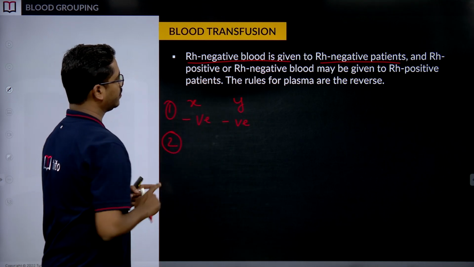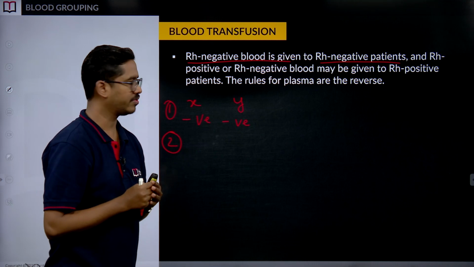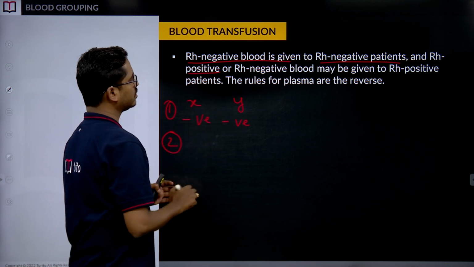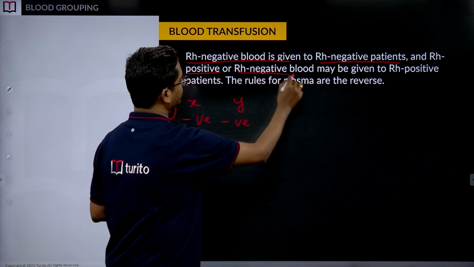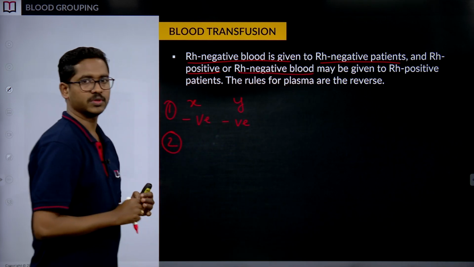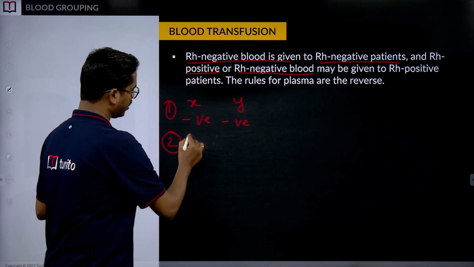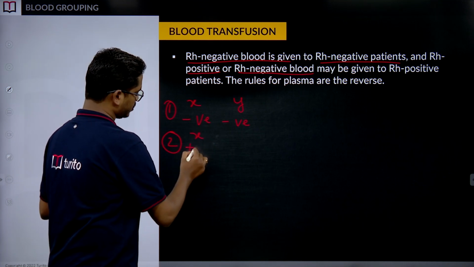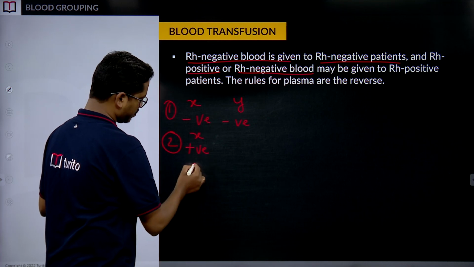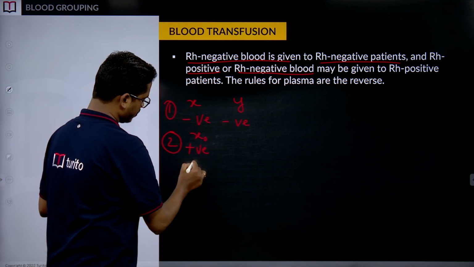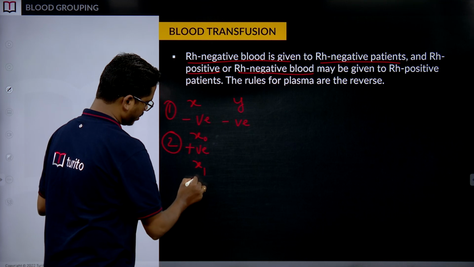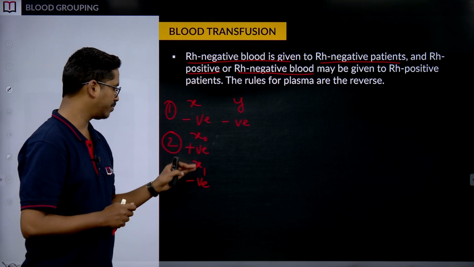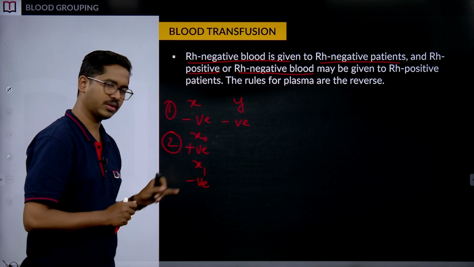In the very same statement, there is one more condition given here, observe carefully. Rh positive or Rh negative blood. So, the second condition says that there is a person with Rh positive, there is one more person, let us say Rh negative. That means, there are two different people, okay, X naught and X1.